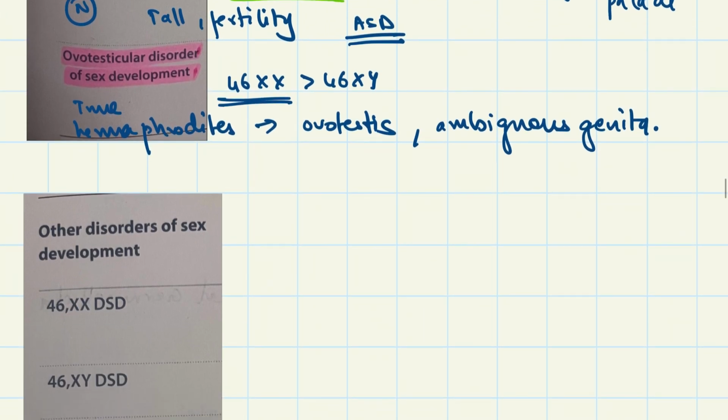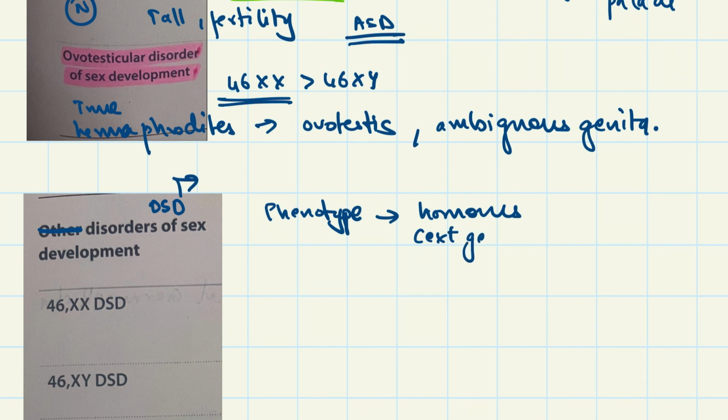Now when we talk about disorders of sexual development or DSD, here what happens is that there is a disagreement between the phenotype that is influenced by the hormones and is the external genitalia, and the genotypic sex, which is governed by the Y chromosomes and determines the gonads.